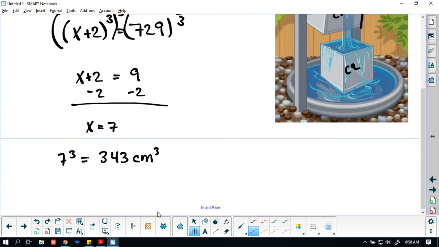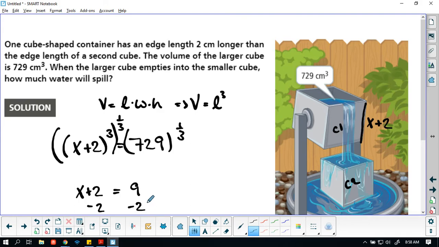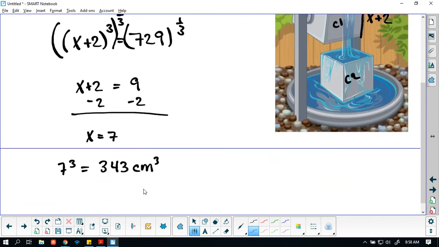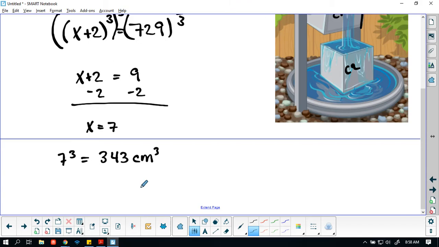Right, but it's not asking what the volume of my smaller cube is. It's asking how much water will spill. So we're going to do 729 minus 343, and we get 386 centimeters cubed.